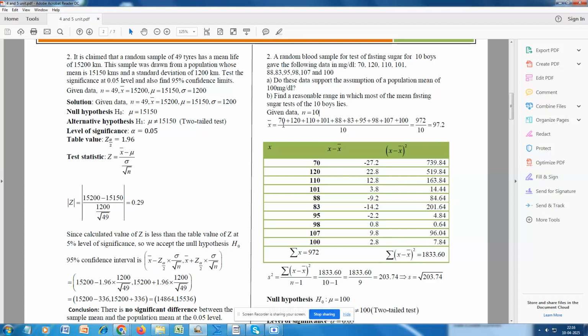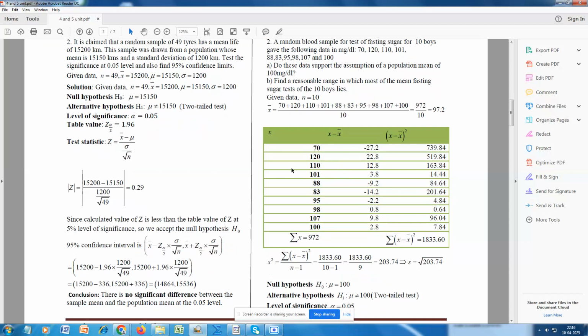First of all, you have to find x bar. X bar is what? Sigma x by n. So 70 plus 120 plus 110 plus 101 plus so on plus 100 all by sample size, which is 10. 972 by 10, which is equal to 97.2. This is the mean.